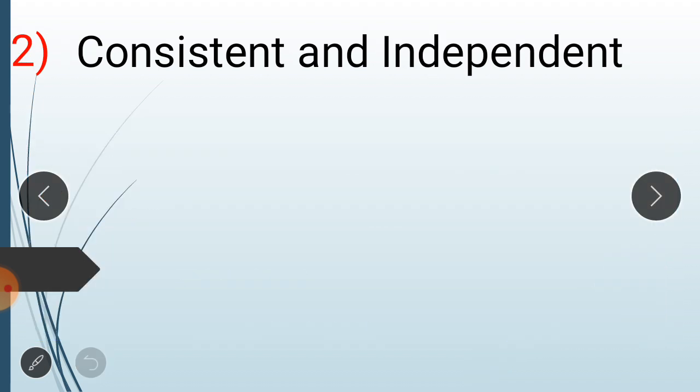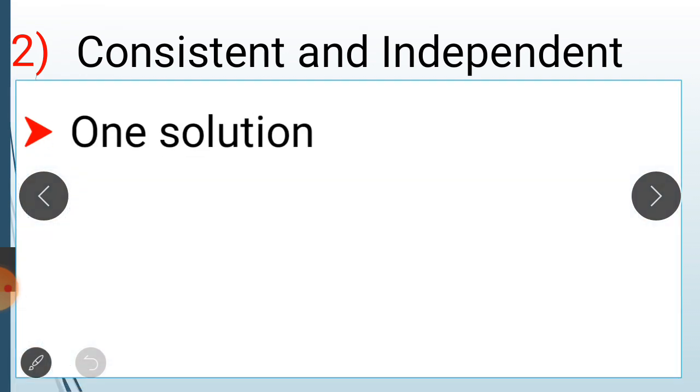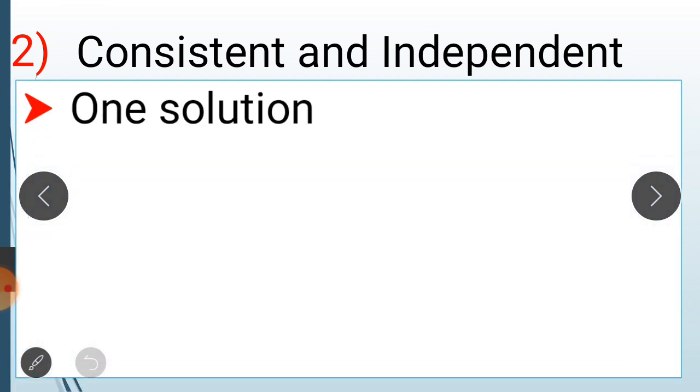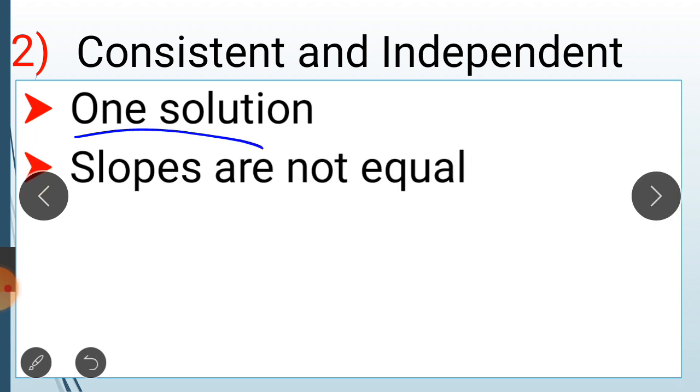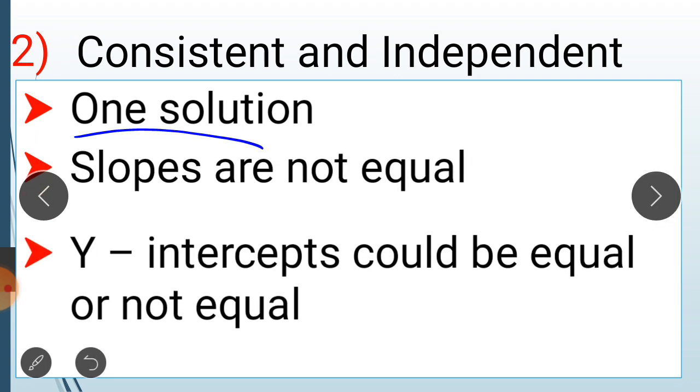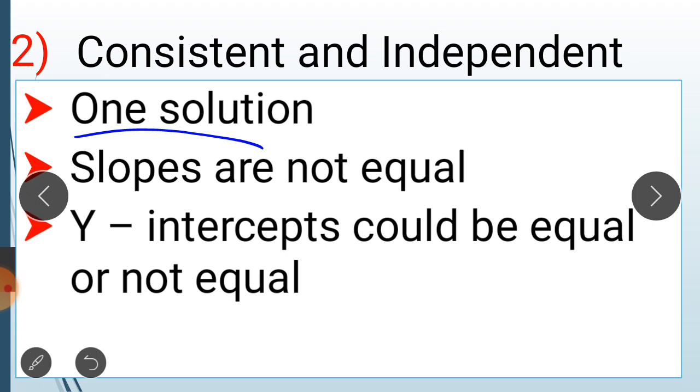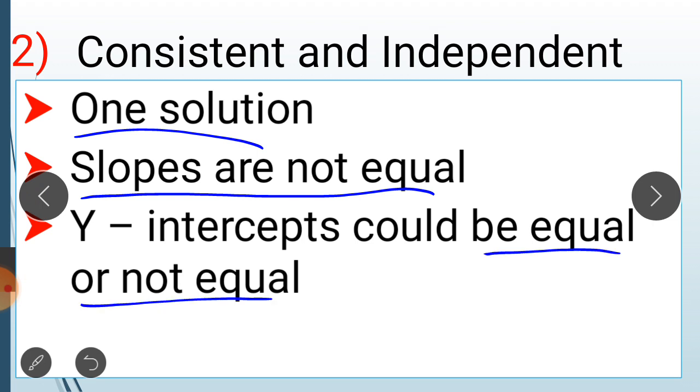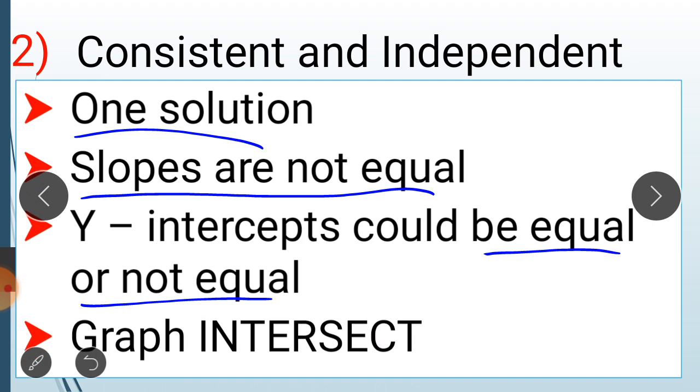Okay, number 2, consistent and independent. This kind of system has only one solution. Slopes are not equal, means they are different. Y-intercept could be equal or not equal. And the graphs intersect.